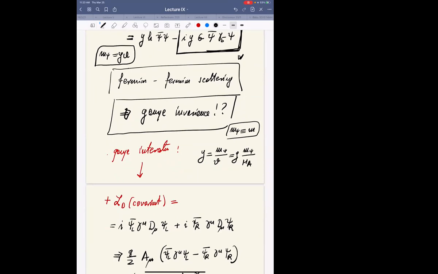I want to emphasize that Yukawa actually can be rewritten as a function of the physical quantities that describe the free particles. The interaction is given by masses. Remember what I keep telling you, the beauty of the Higgs mechanism, that the mass becomes a dynamical parameter. And this is g, the gauge coupling.